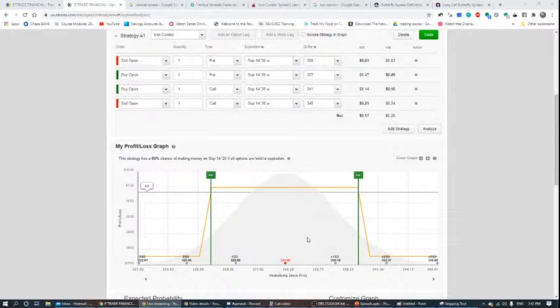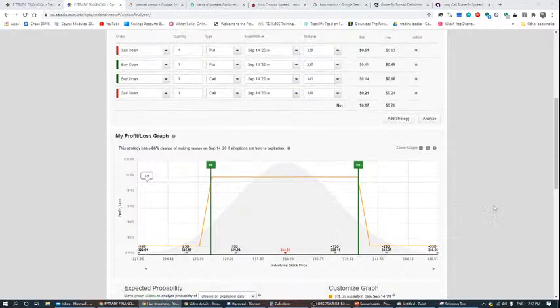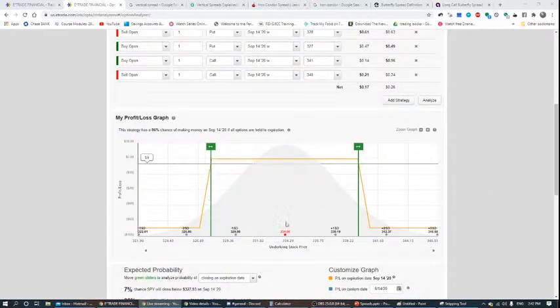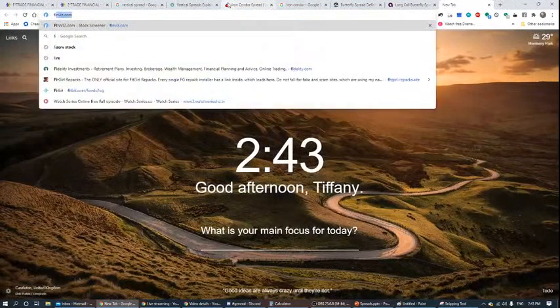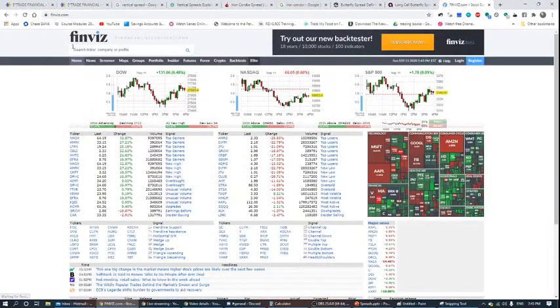But the reason why you could do Iron Condor is because then they're fixed in a range. So if you know the range of that week, plus earnings pricing in, you understand how the stock can move in one day. I always stress that you gotta know how much your stock can move one day. If I don't know how much it can move one day, you can go to Finviz.